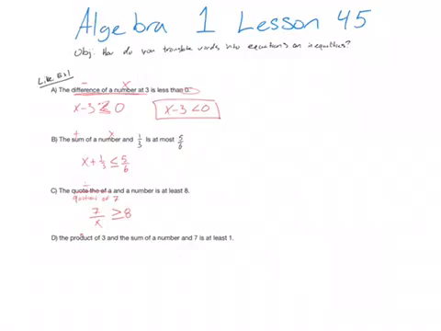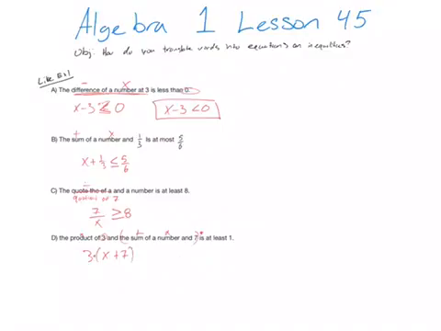And then D says the product, which means, remember, multiplication, of 3 and the sum of a number and 7 is at least 1. That's where our inequality sign goes. Okay, so I'm going to say 3, the sum of a number and 7, that's going to be x plus 7, right? Because remember, sum is addition of a number, x, and 7.